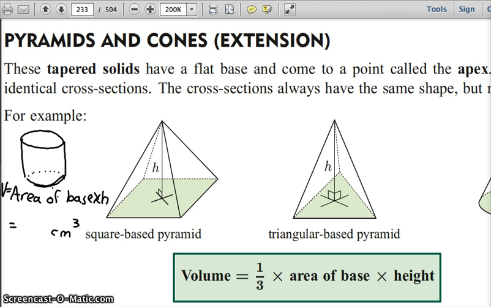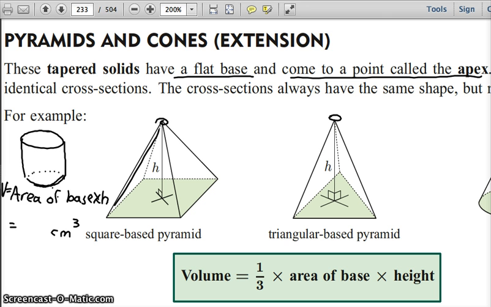But not everything is a prism, where they're the same shape at the top as they are at the bottom. We know that they're called pyramids or cones. That's where they have a flat base but they come to a point at the top called an apex. This comes to a point, there it is. This comes to a point, there it is.